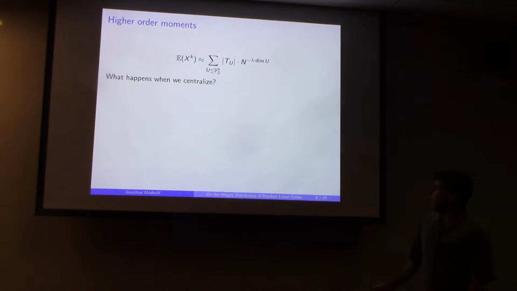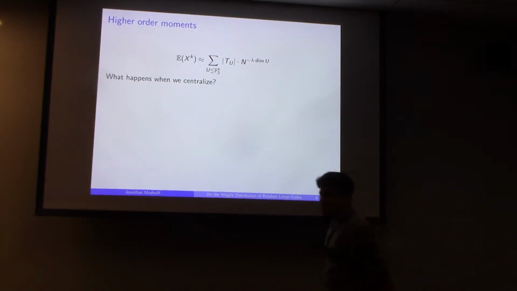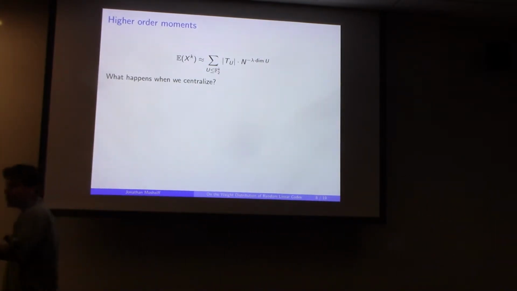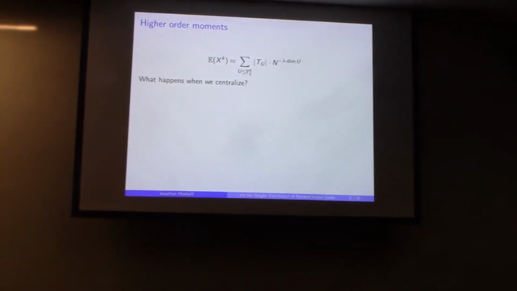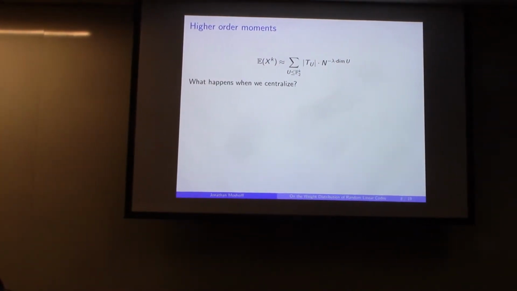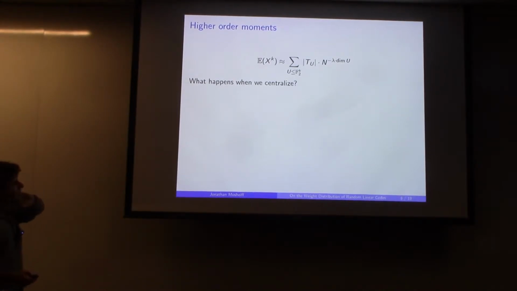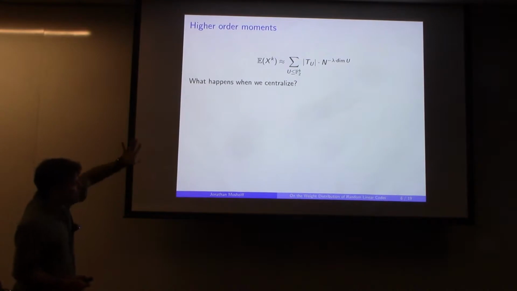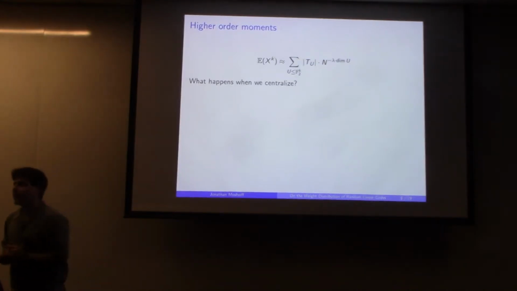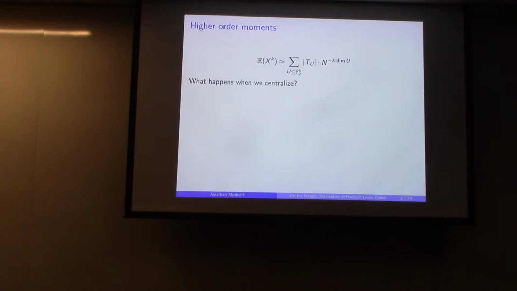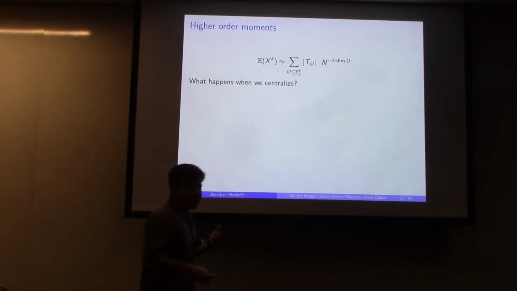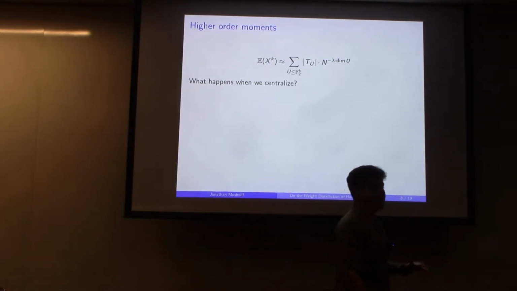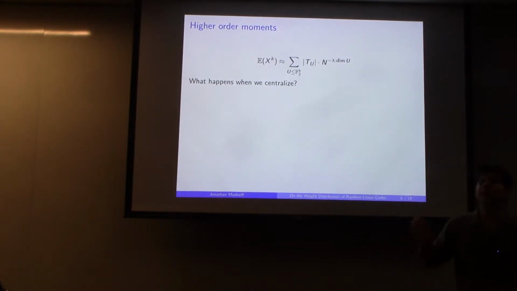Now again, I said that we're going to compute centralized moments. So what happens to this expression when we centralize? Actually, something really nice happens here. In order to explain what happens, let's for a minute compare our situation to that of a random code. Instead of taking a random linear code, we can also take an even more basic construct, which is just a regular random code.